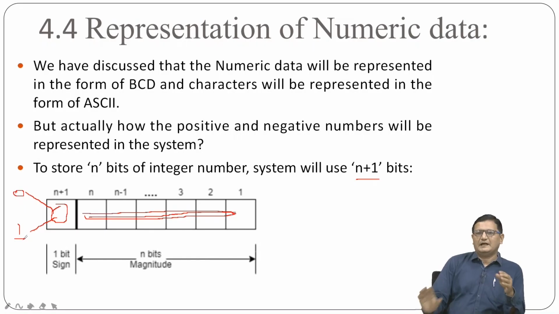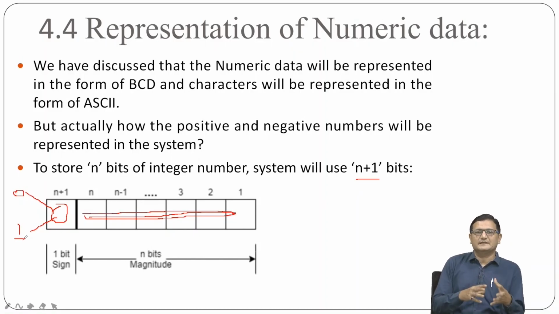So see, whenever you have an n bit number, that n bit number will actually be represented in the computer's memory using n plus 1 bits. Why 1 bit extra? Obviously to store the value we are using n bits, but the n plus 1 bit will be used to represent the sign, right?